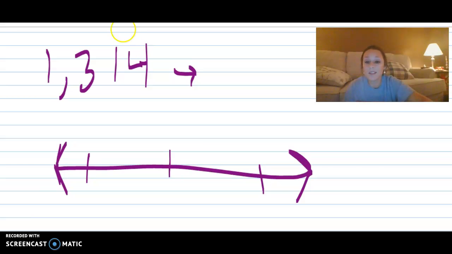So what I need you to do is think about what numbers are not going to change. I know if I'm rounding to the nearest tens, here's my tens column and here's my ones column. These are the two numbers I'm going to focus on the most. And I know that nothing is going to change in my thousands or my hundreds place. So I know my number has to start with 1,300 something. Now I want you to go ahead and fill in the baby number line with the numbers you think should go there.